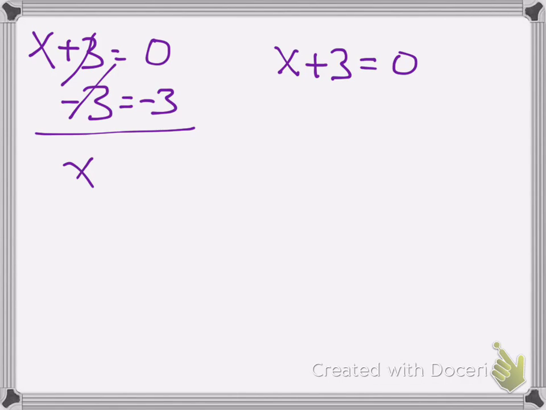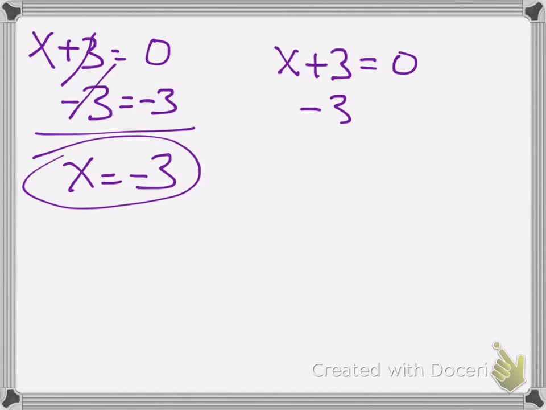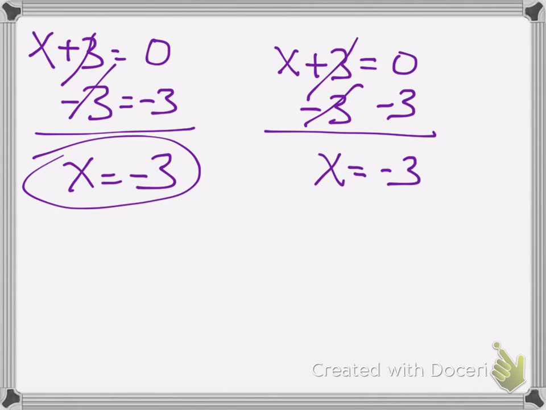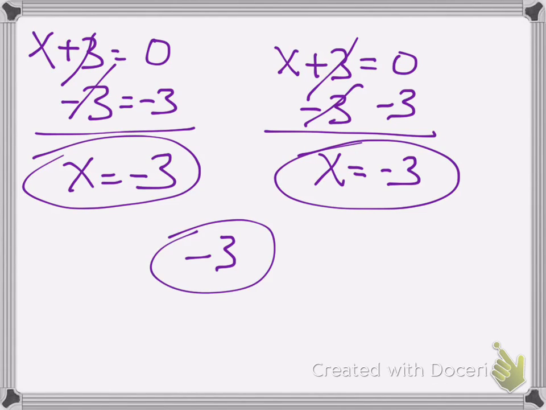That cancels out. We get negative 3 here, which is fine. But we also get negative 3 here. Alright? So, really, if it says find the zeros and that's the only number that occurs, then that's the only one that you could select.